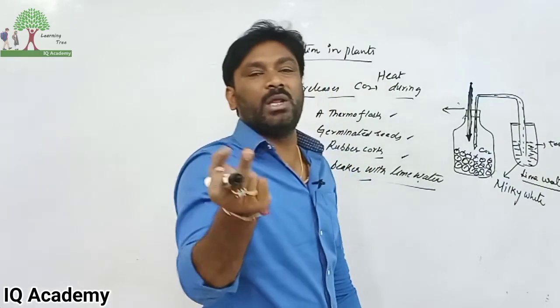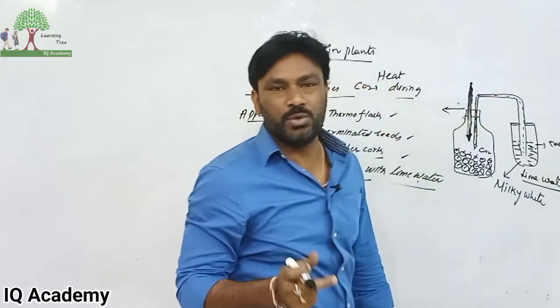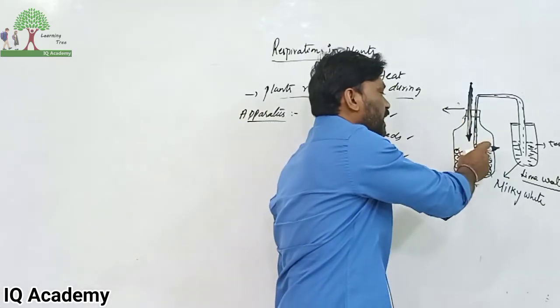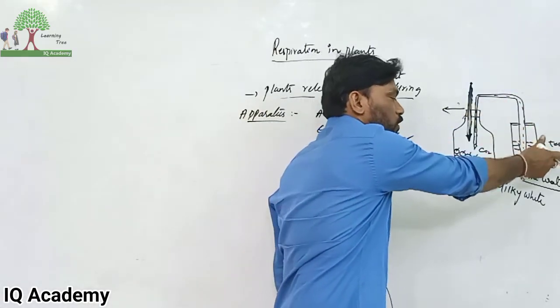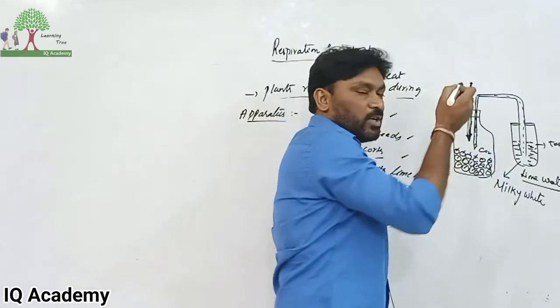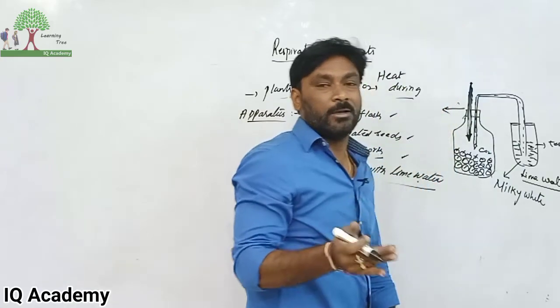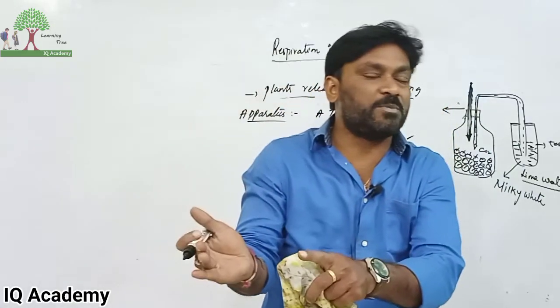In one experiment only we can prove that carbon dioxide is released during respiration. When the carbon dioxide enters the tube and the lime water, it turns milky white. And as the seeds release heat, the temperature rises in the thermometer, indicating that heat is released during respiration.